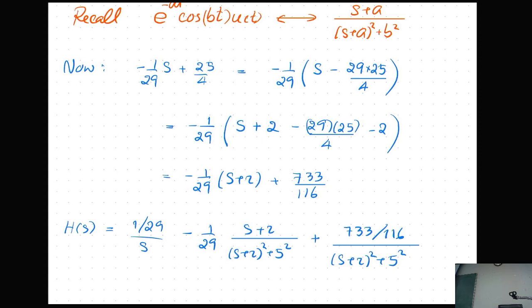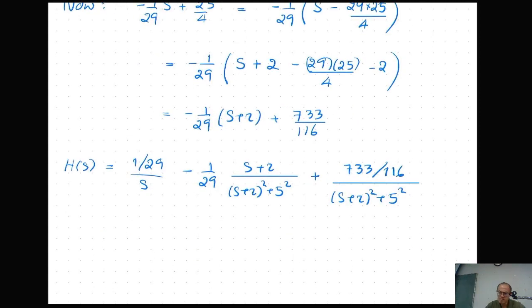Now, what about the last term? What can we do about the last term? As for the last term, I again look at the table and find that e to the negative at sine bt ut has the Laplace transform b over s plus a squared plus b squared.